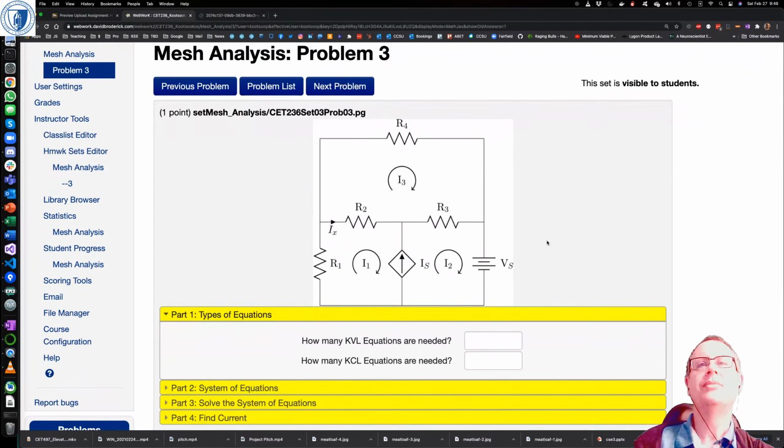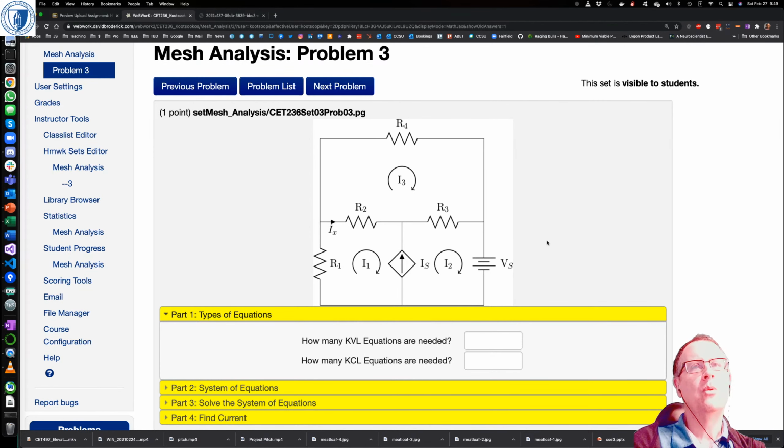Problem 3. Problem 3 is a bit harder because problem 3 has a dependent current source. And it's even harder still because that dependent current source has both I1 and I2 going through it. So we have to use a super mesh approach, right?